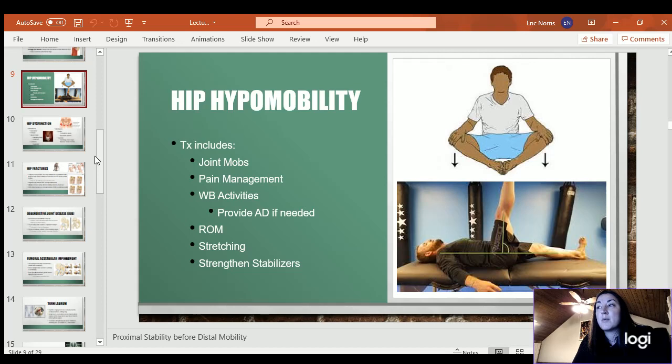And we want to do those exercises with any patient. If they have knee pain, if they have poor alignment in the ankles, if they have gait abnormalities, most of those patients will require some stabilization training proximally. And even those with hypomobility, we want to make sure that we are strengthening the stabilizing muscles and stretching the mobilizing muscles so that they have as much movement as possible.